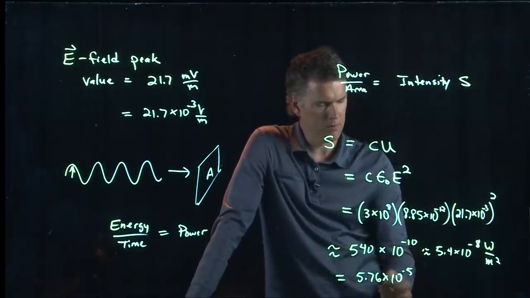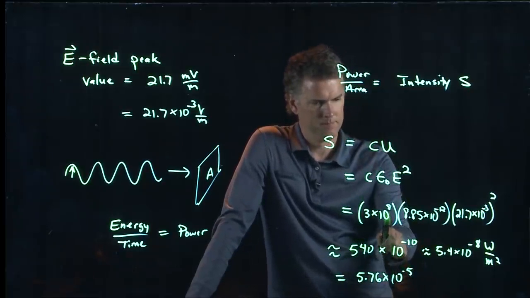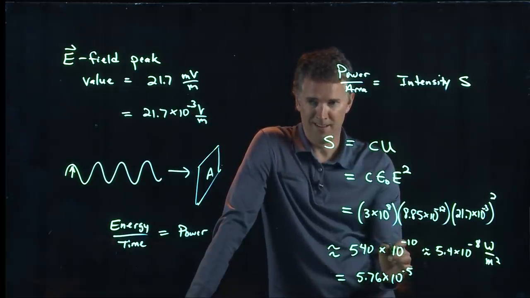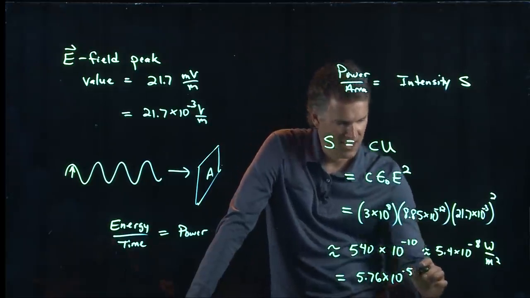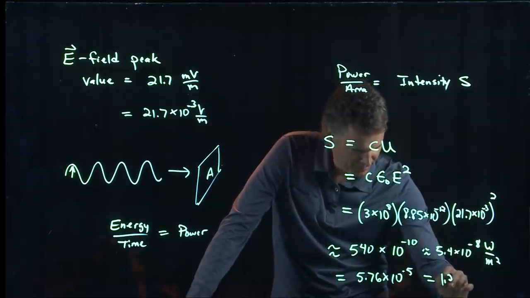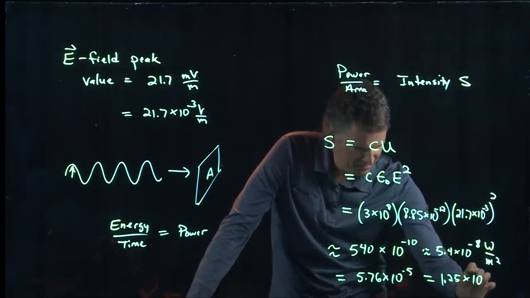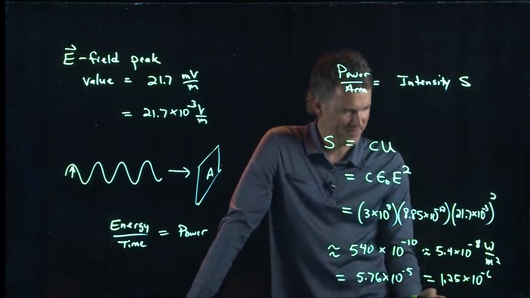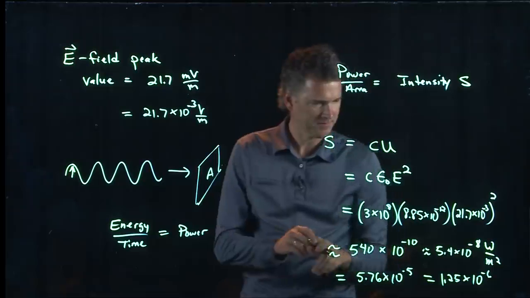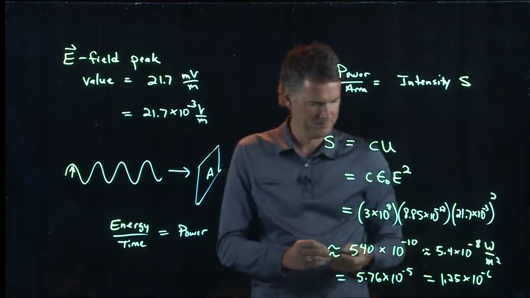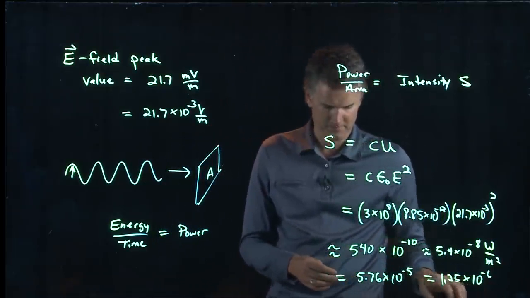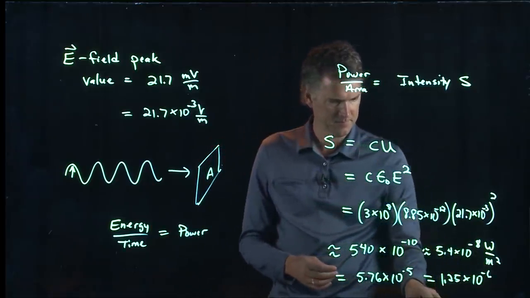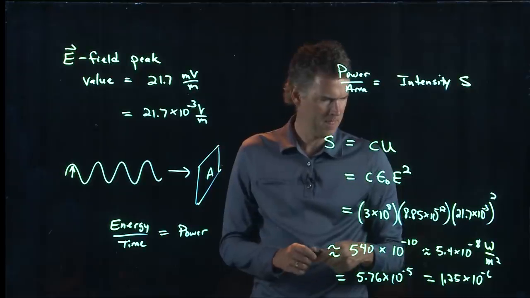Can anybody else confirm that number? You got what? Okay. 1.25 times 10 to the negative 6. All right, we got 3 different answers so far. Should we get some more? This one's right?